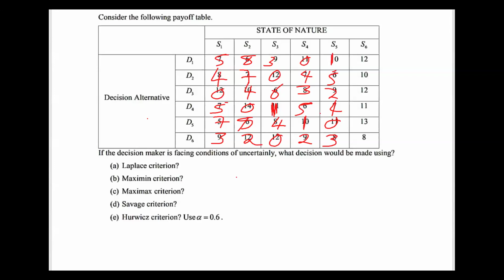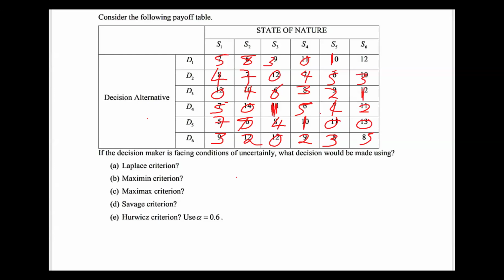Right. Yes. 13 should be the highest. So you say 13 minus 13, 0. 13 minus 8 is what? 13 minus 8 is 5. 13 minus 11, 2. Minus 12 should be 1.